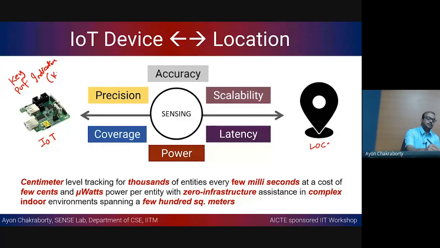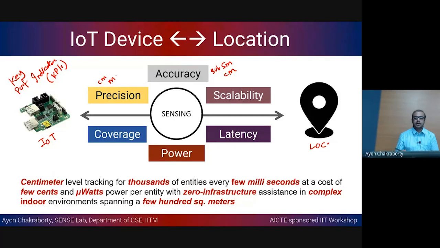So what is the precision of the system, what is the granularity, what is the accuracy of the system? Does it give me sub 5 meter accuracy, or does it give me centimeter level accuracy? What is the granularity, is it centimeter scale precision that we will get, or meter scale precision?